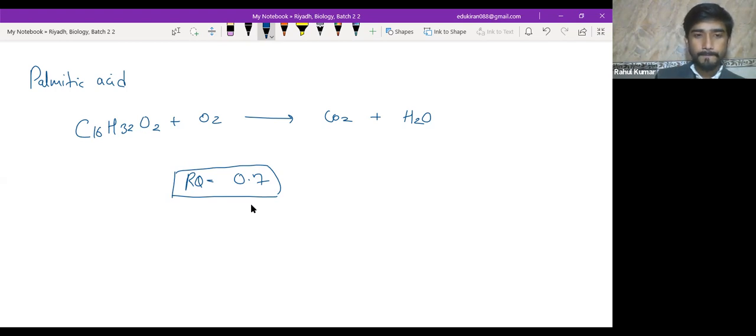And what is it for carbohydrate? For glucose it is 1. So for carbohydrate it is 1. For proteins it is 0.8 to 0.9. And for most of the common fats or palmitic acid, it's 0.7.